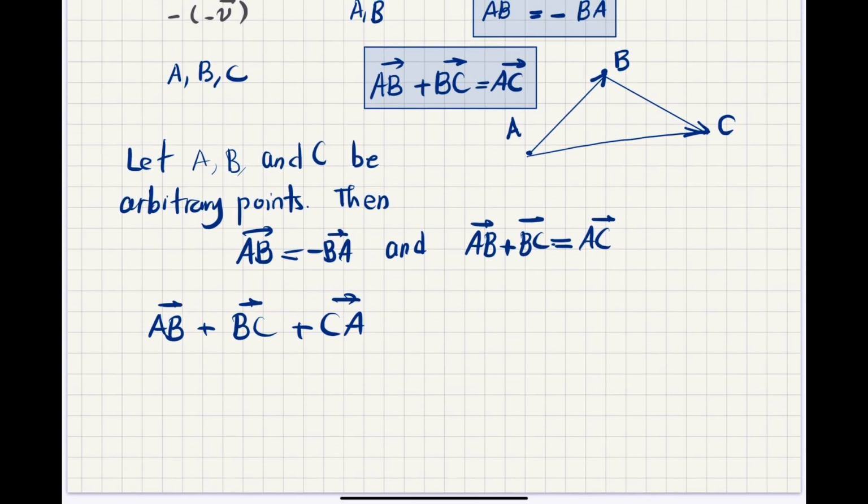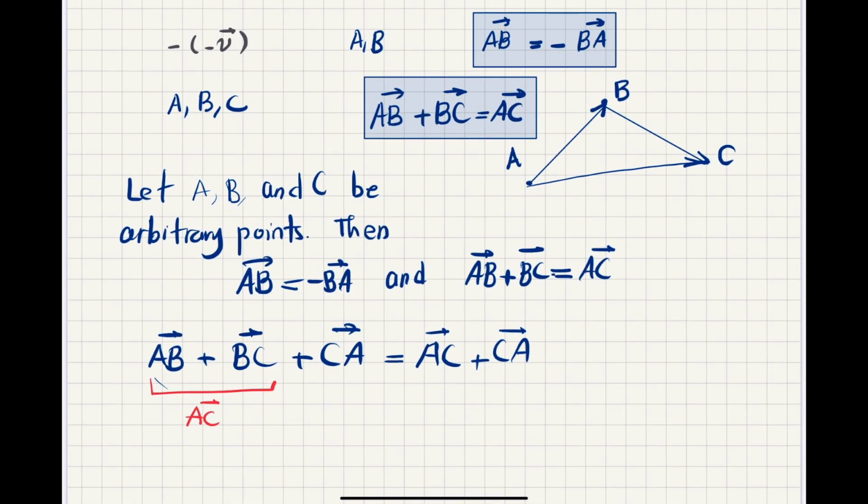Now tell me, how can I simplify this? Do I need the picture? This is the 0 vector. Why? What you do is take these 2 according to Chasles's rule. The answer would be AC, and then you have plus CA. So this is AC plus CA. Can I use the Chasles rule again here?